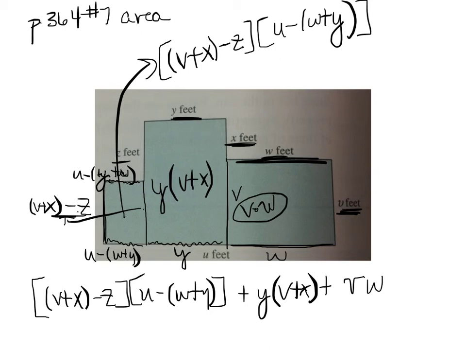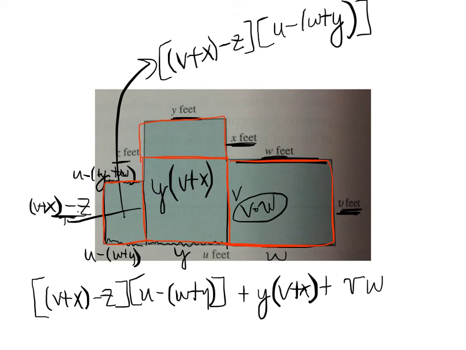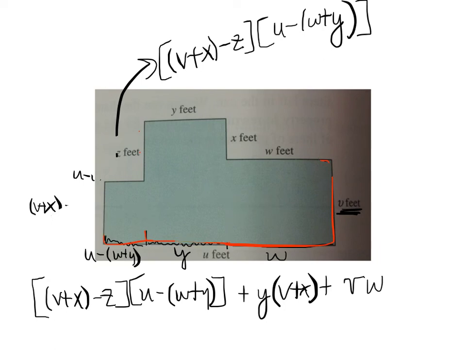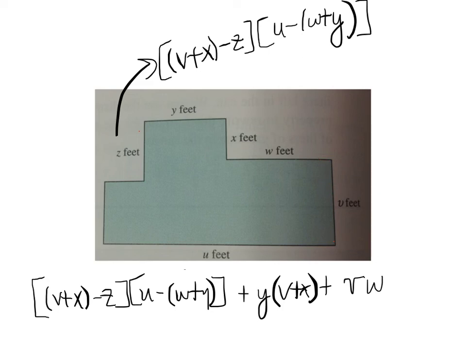So another way to break it up would have been to look at it as this rectangle and then these rectangles. Still do these if you wanted to. So you could do that, or, let's go back, you could also look at it as a whole.